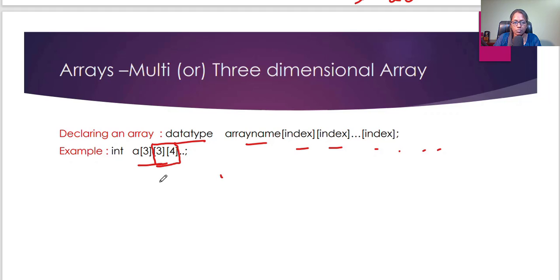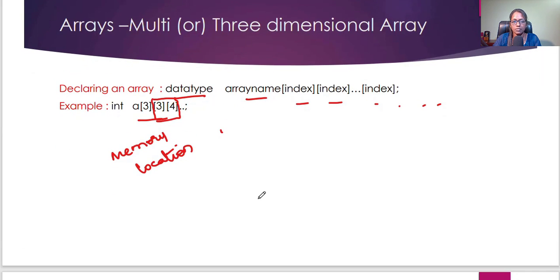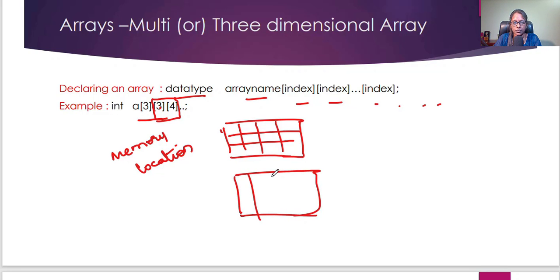That means how will the memory location be for this? See, first 3, so 3 cross 4 means what? 3 rows, 4 columns. Like this matrix, you have 3 more boxes, that is 3 rows, 4 columns again, and then again.